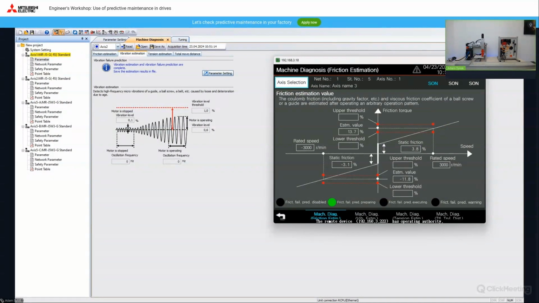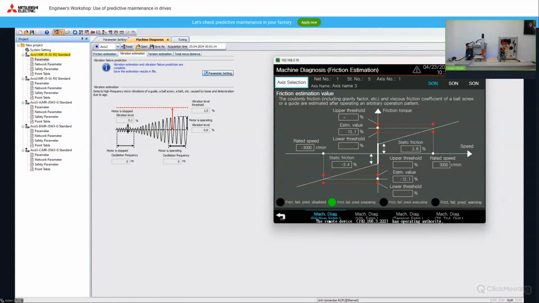So we can see that the estimated dynamic friction on this axis is about 14%, and the static friction is something about 4. It depends on the direction also. In different directions there are slight differences.